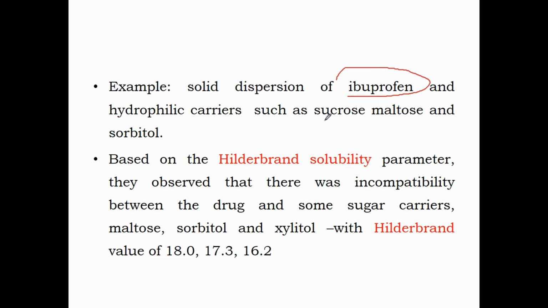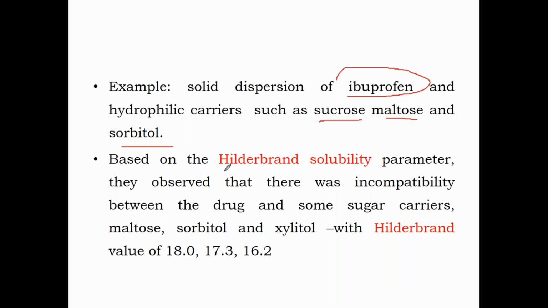They wanted to select among three carriers, sucrose, maltose, and sorbitol. All three carriers are hydrophilic carriers here, and I just want to know which one is best for my purpose, so that the ibuprofen is very much miscible with it. All are miscible with ibuprofen, but which one is better so that it improves ibuprofen solubility.